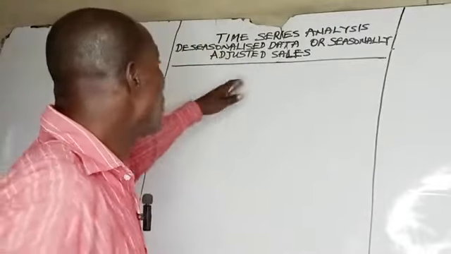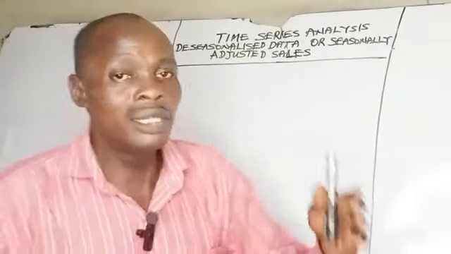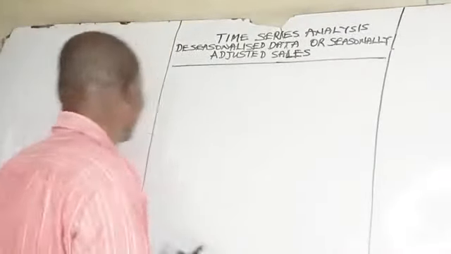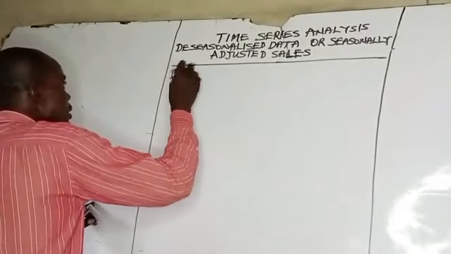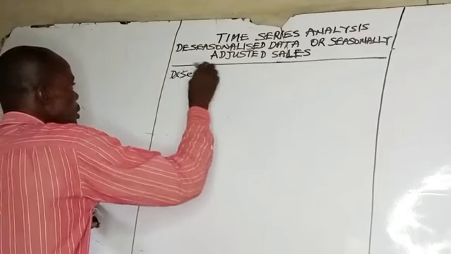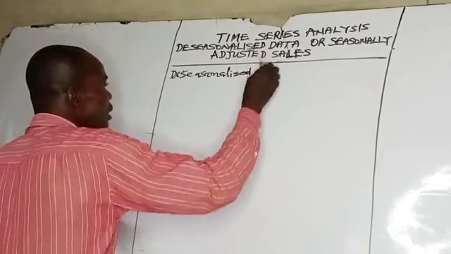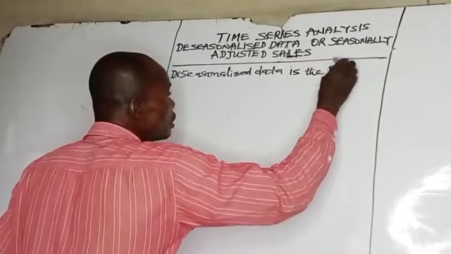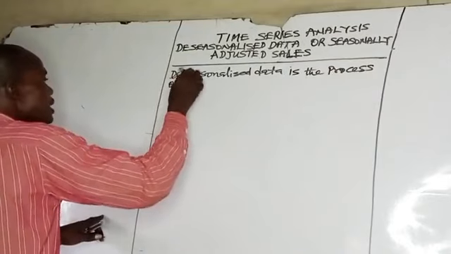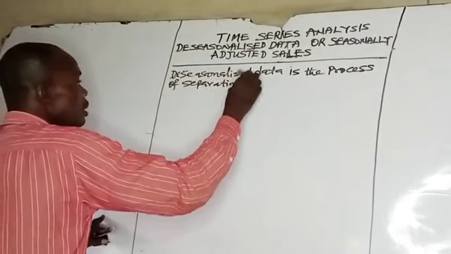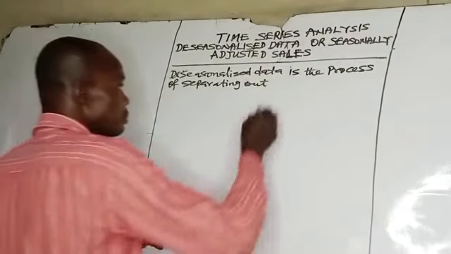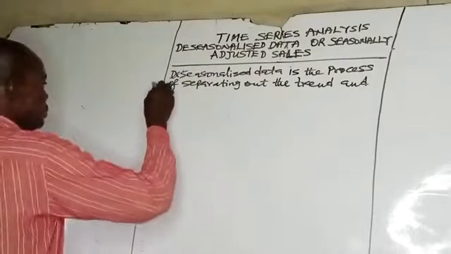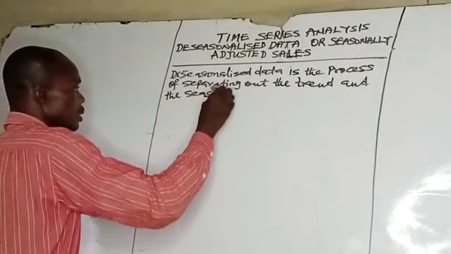So, what do we mean by deseasonalized data? Deseasonalized data, or seasonally adjusted sales, is the process of separating out the trend and the seasonal variation.